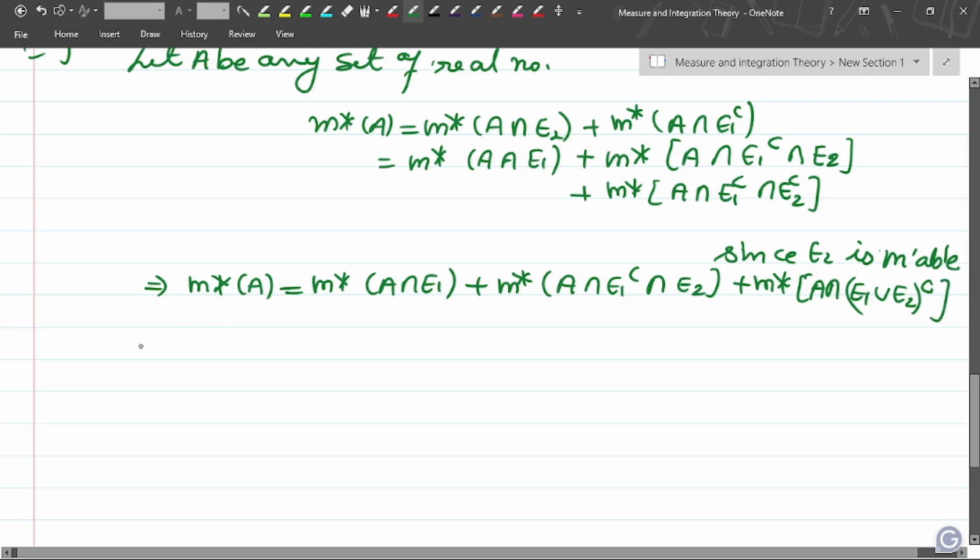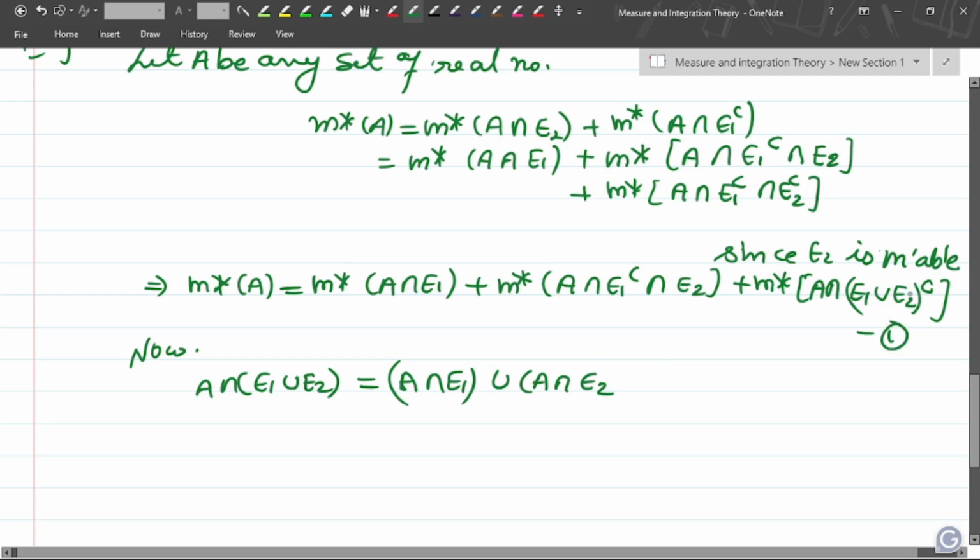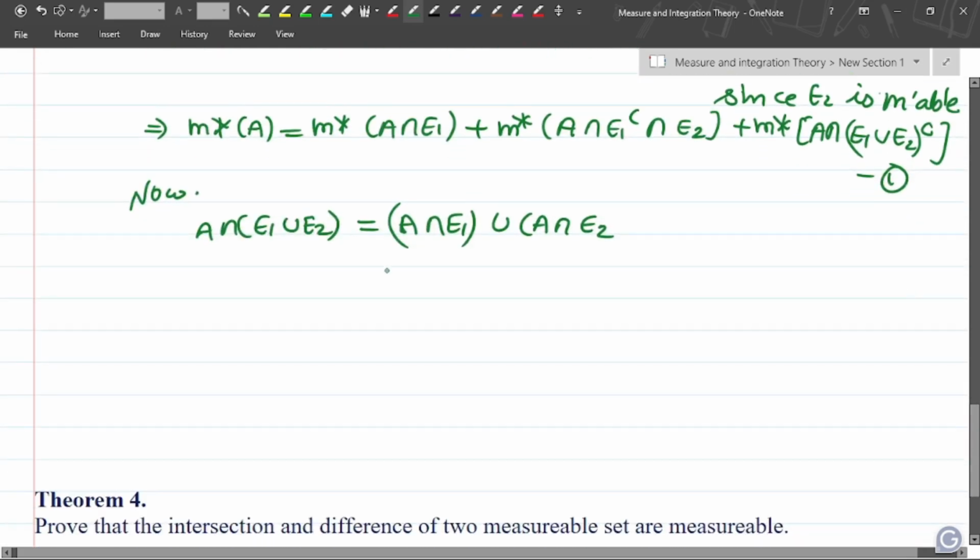Now A intersection (E1 union E2) is nothing but A intersection E1 union A intersection E2 by De Morgan's law. Then we can write it as A intersection E1 union A intersection E2 intersection E1 complement.